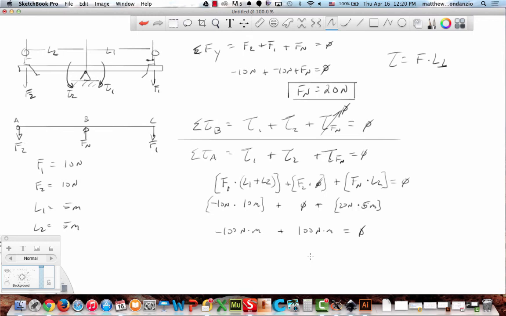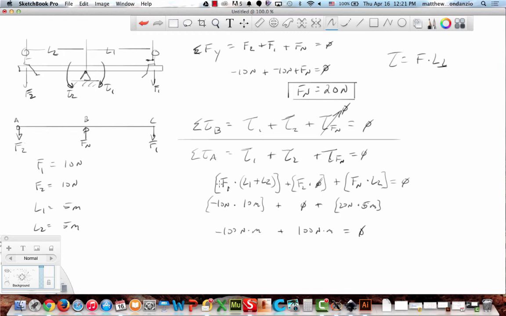So for a test question for torque, guys, I could give you something like this or like the door from yesterday, and I could ask you to figure out the different forces that are there. I could give you different lengths.